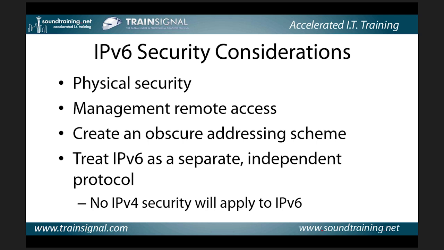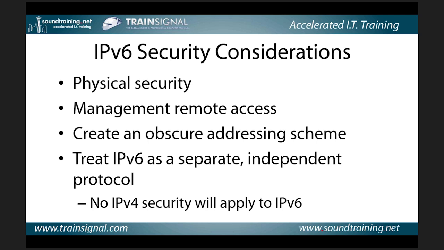And then one of the things that you need to think about is management remote access. In the same way that you can limit management remote access with Telnet or SSH or the Cisco Configuration Professional, or if you're using an ASA, the ASDM, you can limit it with access control lists and configuration statements in the router's configuration. You have to do that with IPv6 as well.